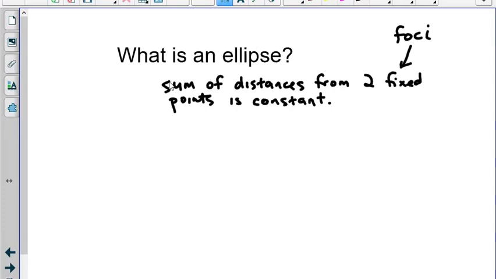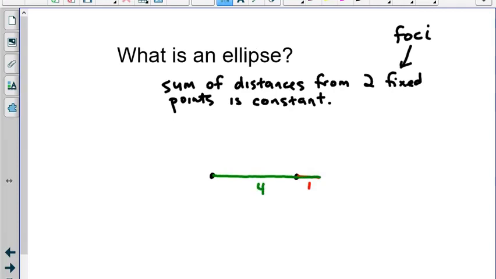And so, for example, if we have 2 points, 2 focus points, the sum of the combined distances between those 2 points and every point on the ellipse is the same. So, for example, let's say that sum is 5. If this distance is 1, then this distance must be 4.